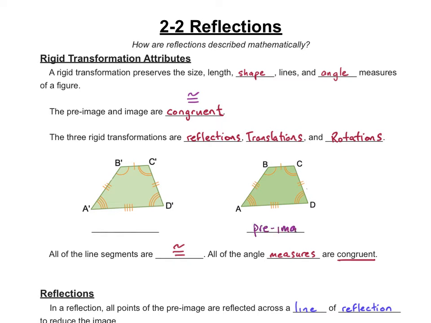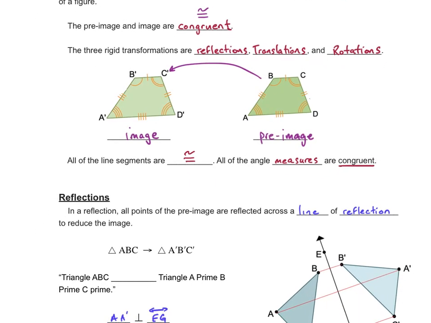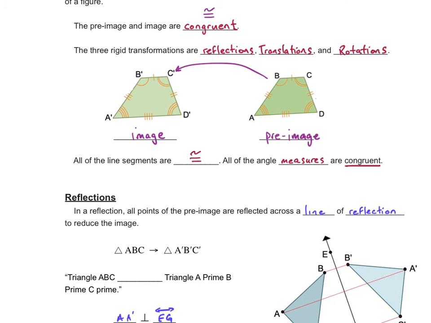And then after the transformation, we come over here and we have A prime, B prime, C prime, and D prime. This is our new image: what we had before, and then what we have after. All of the line segments are going to be congruent, and all the angle measures are going to be congruent, as you can see here.